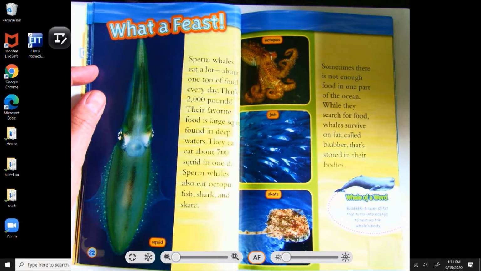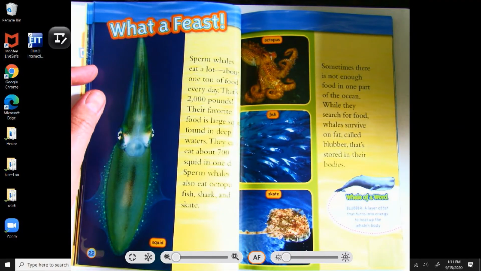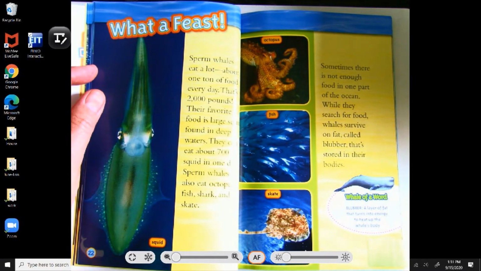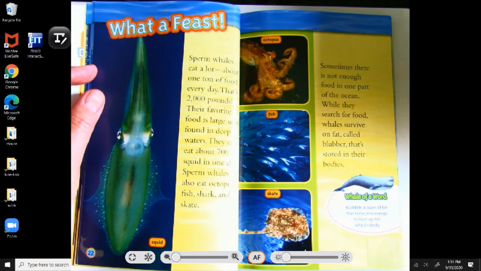Their favorite food is large squid found in deep waters. They can eat about 700 squid in one day. Oh my goodness, scholars, could you imagine eating 700 of something in one day? Even 700 delicious M&Ms sounds like a lot in one day.